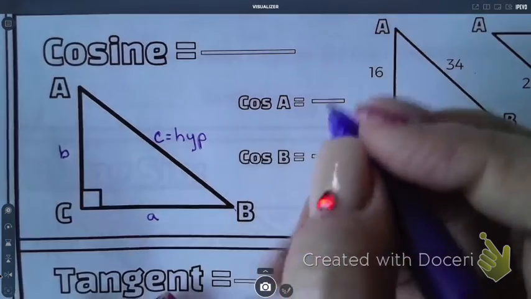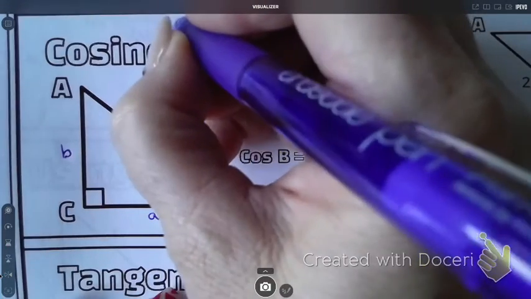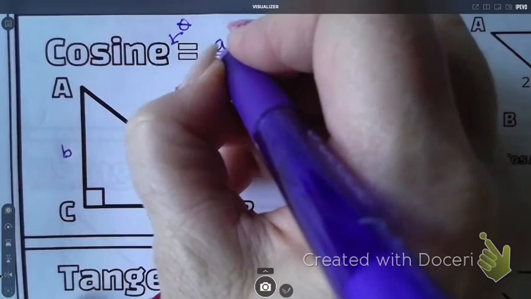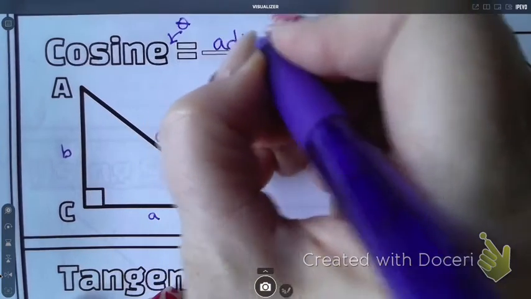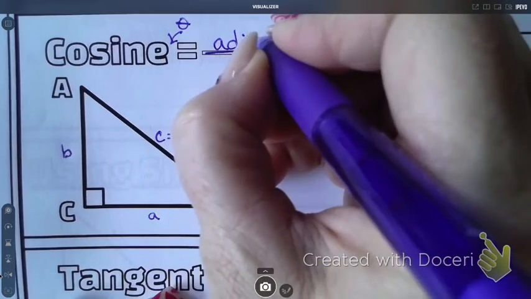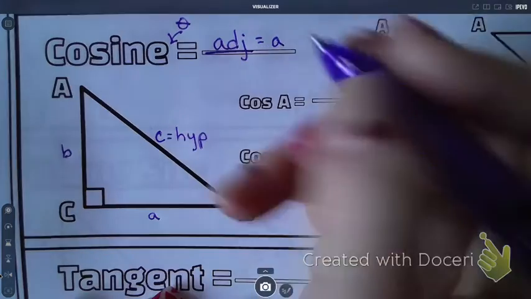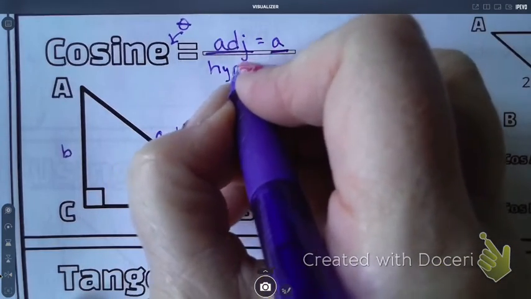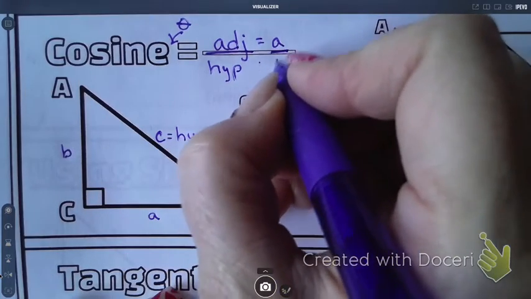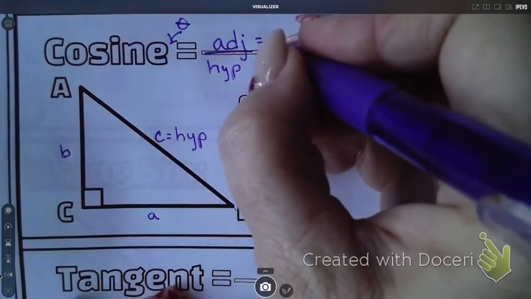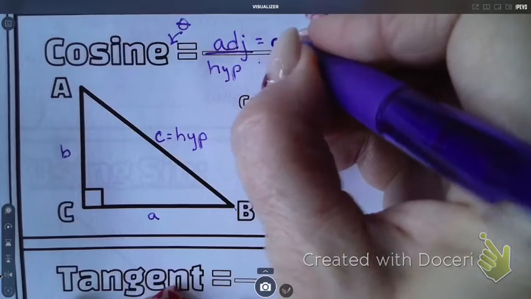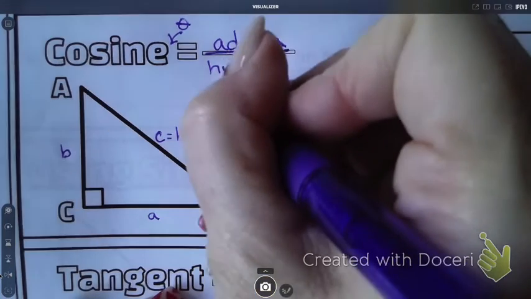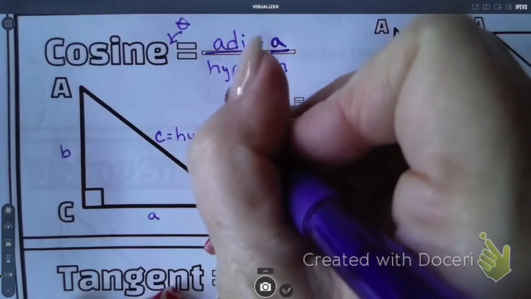Okay, cosine, again, of an angle theta, is adjacent, also abbreviated as ADJ, over the hypotenuse, abbreviated as H. So adjacent means next to, it means touching, correct? So we're going to go down to here and just fill it out with A's and B's and C's.